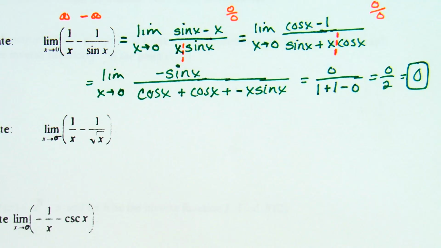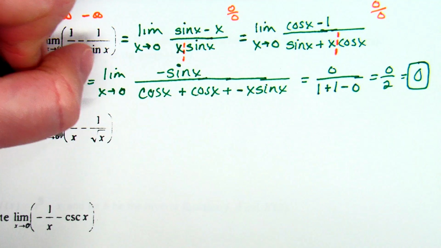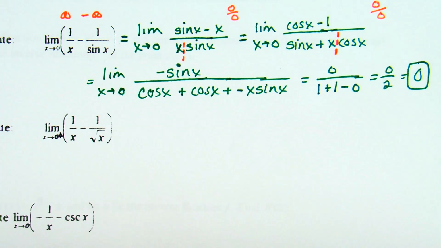It looks like it says 0 from the left, but in my notes I have it written as 0 from the right. So let's go as x approaches 0 from the right. Oh yeah, it has to be from the right now that I look at it, because we're talking about square roots. The square root does not exist on the left side of the graph. So, okay.